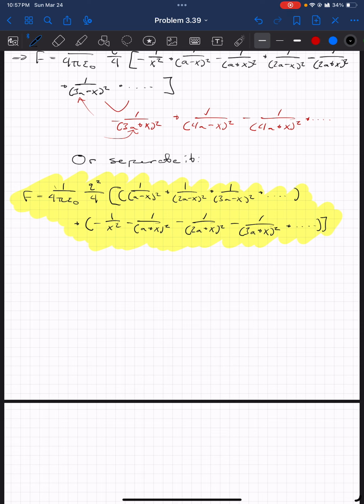In this limit, only the term involving the distance x survives in the expression for the net force. This term corresponds to the force between the original charge and its image charge on the closest conducting plane. Therefore, the net force simplifies to F is equal to negative 1 over 4 pi epsilon naught multiplied by q squared over 2x squared.